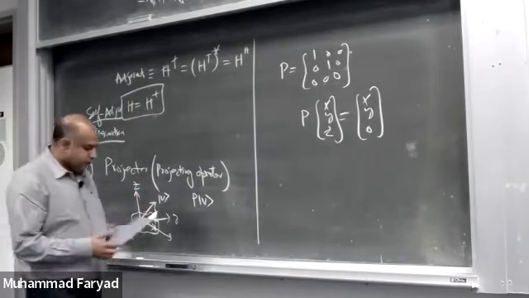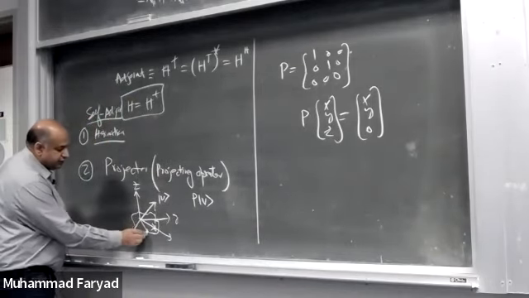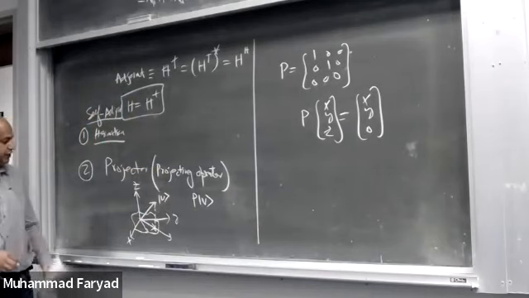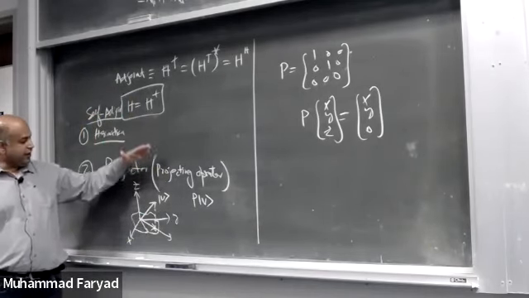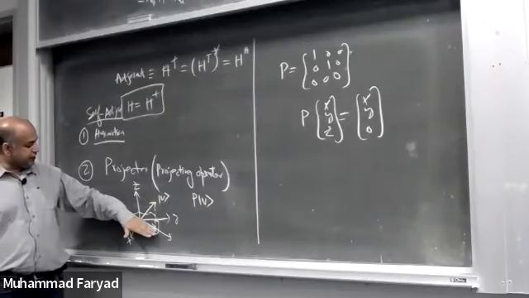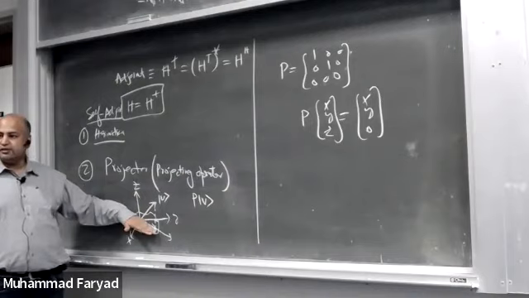Okay, and we can easily see that if a vector is already in the xy plane, our projector shouldn't do anything to it, which means that if I have already obtained a vector by projecting from somewhere else and I project it again, I'll get the same thing.